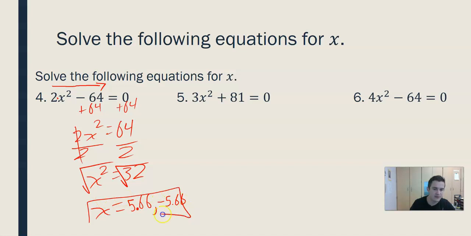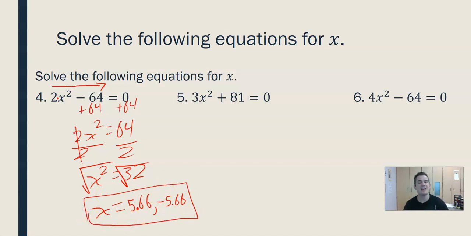My answers are 5.66 and negative 5.66. And if I were to go back here and put 5.66 or negative 5.66 in for x again, 5.66 squared times 2 minus 64, indeed, is going to be 0.